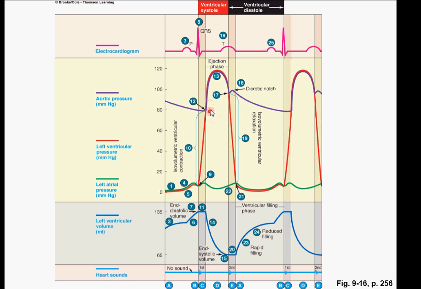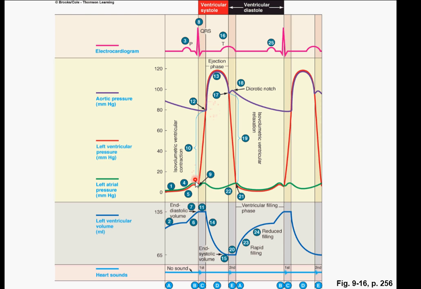So the pressure in both of them has very slight difference, because the aorta is compliant and elastic. It has a lot of compliance, so it will distend and accommodate all that blood coming in. The blood will go all the way from the ventricle to the aorta, and then to the systemic circulation. Now this is called the rapid ejection phase.